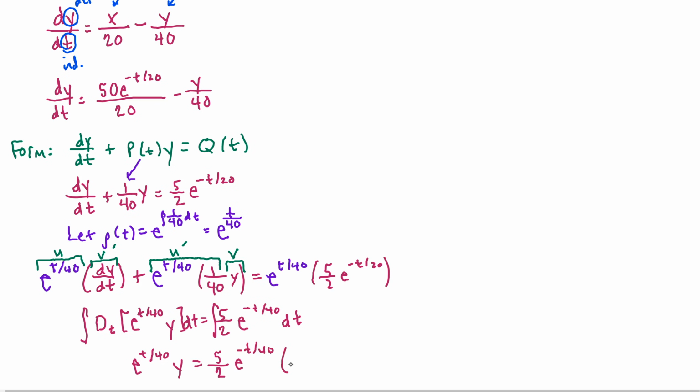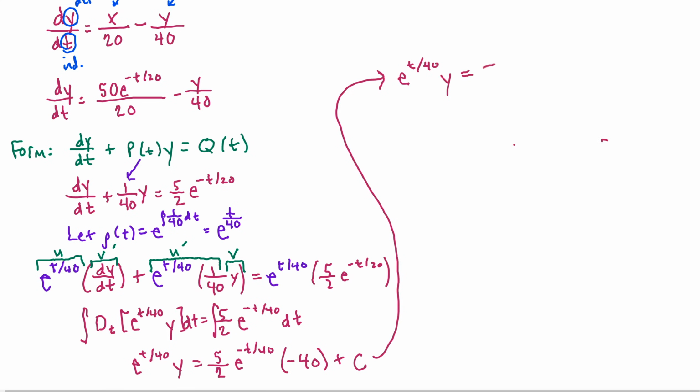Dividing by negative 1 over 40 is the same thing as multiplying by negative 40, and then we'll add our constant. I'm going to go ahead and simplify that right side and then worry about isolating y. Negative 40 times 5 over 2 would give us negative 100 times e to the negative t over 40, and we have our plus c.